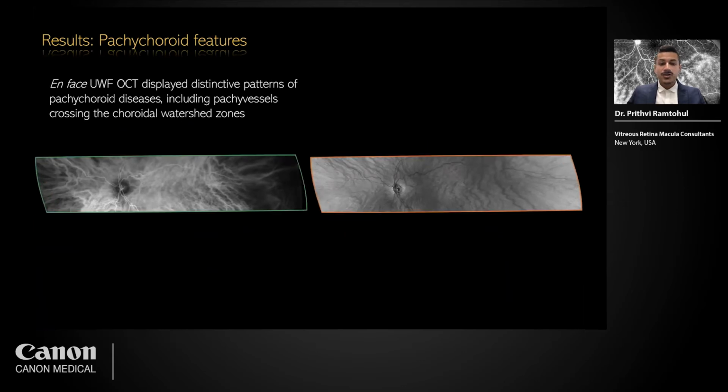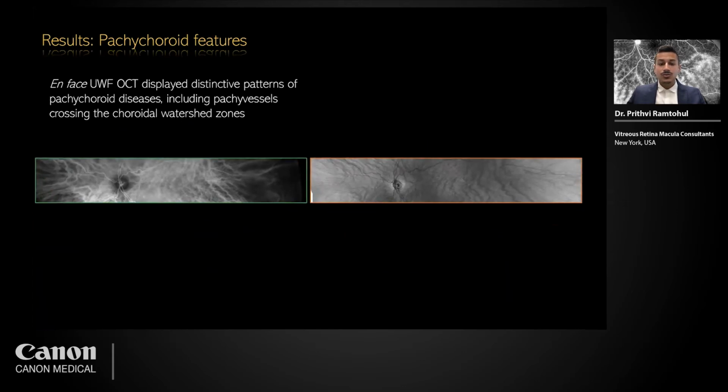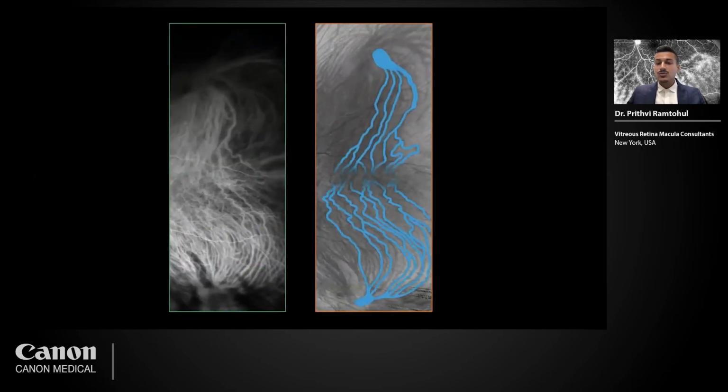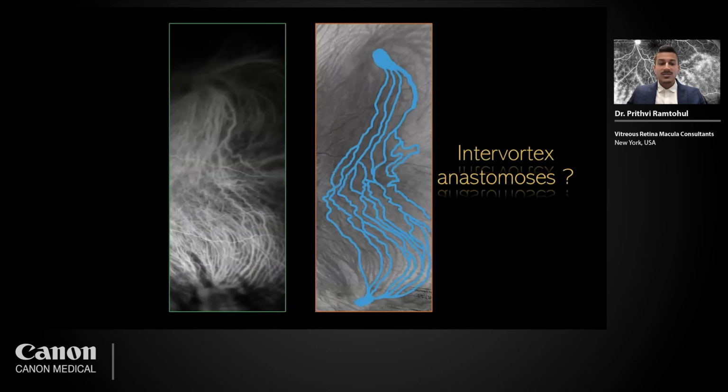So in this case, you can appreciate dilated and tortuous vessels violating the horizontal watershed zone in the periphery. On a closer inspection, these pachyvessels may form intervortex anastomosis between the superotemporal and inferotemporal vortex vein systems.